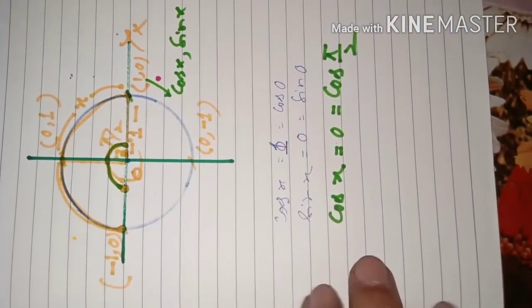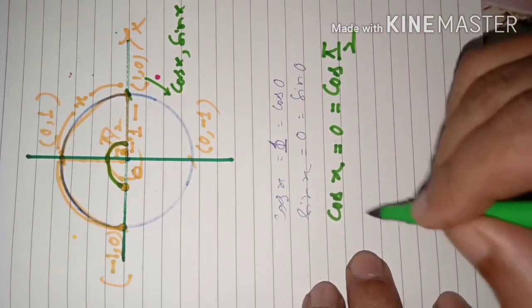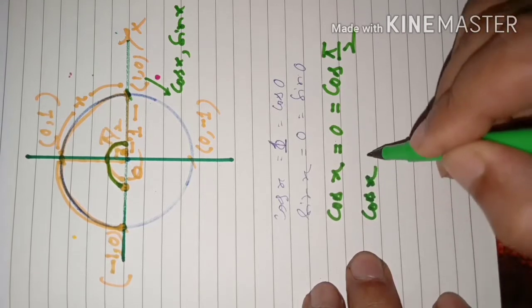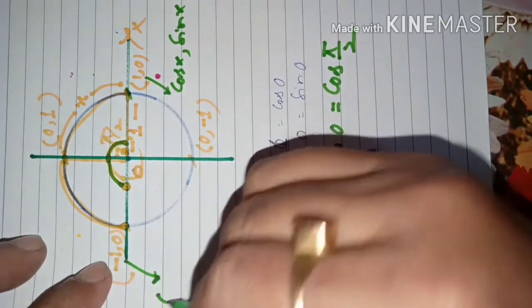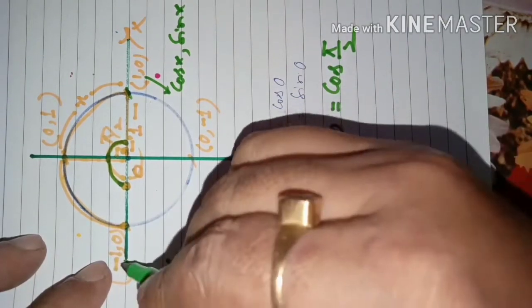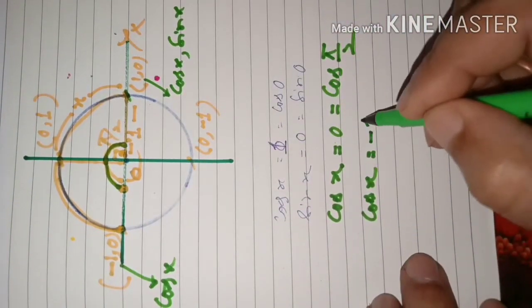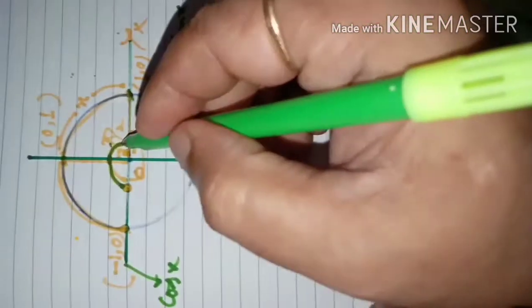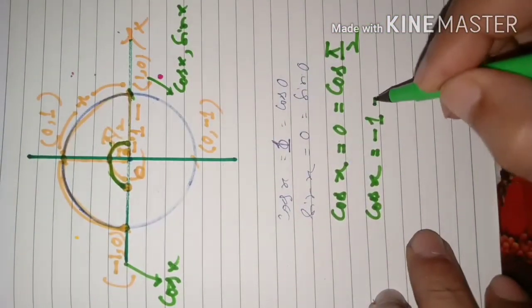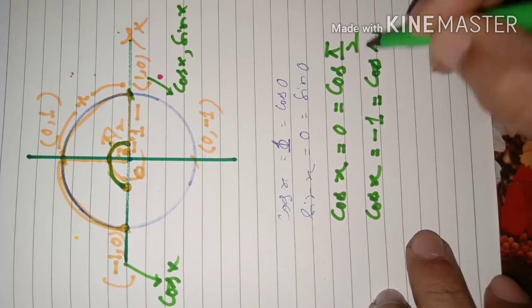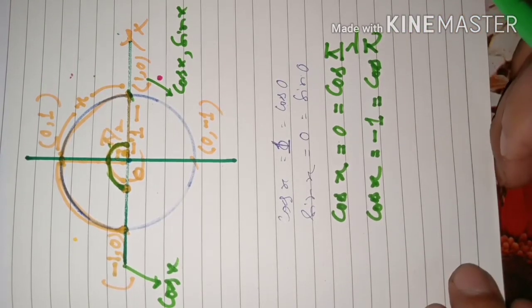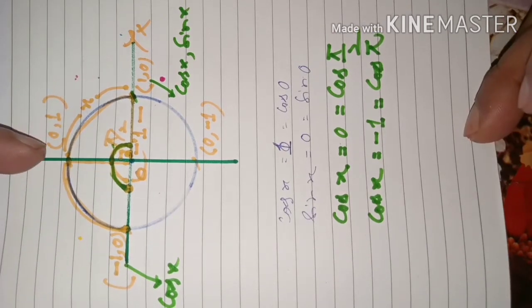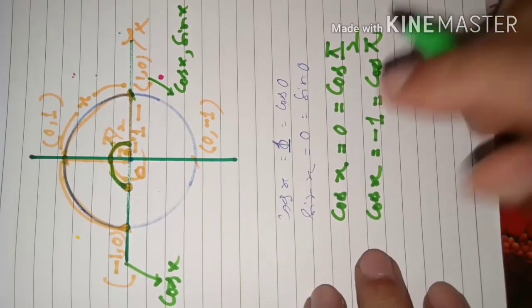So for this pi angle, what is the cos x value? That value is -1, and this angle is pi, so it is cos pi, which is -1. Here I forgot to say about sin x. Here, what is the value of sin x?